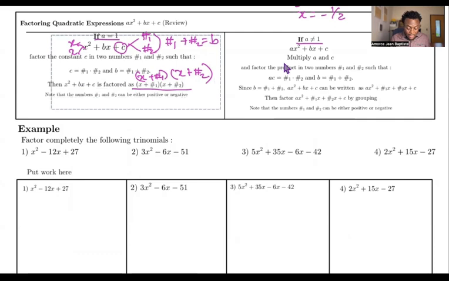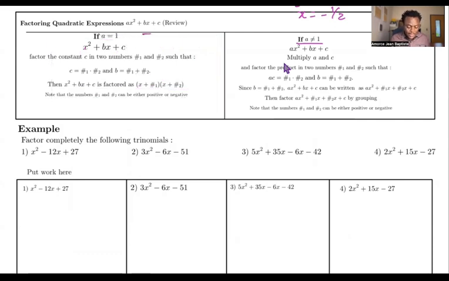When A is not 1, then you're going to want to multiply A and C to get AC.